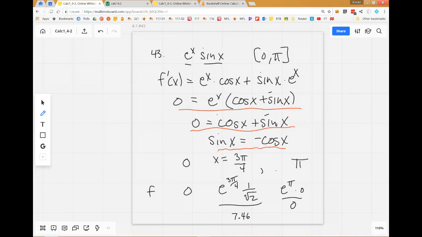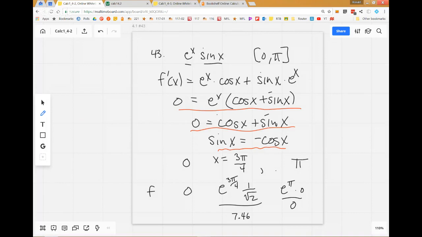Now we had to ask ourselves a question: when are the sine and the cosine the same value with the opposite signs? Well, they're the same value at 45 degrees, right? Cosine of 45 is 1 over the square root of 2, and the sine of 45 is 1 over the square root of 2. Now the question is, when are they the same number but opposite signs?